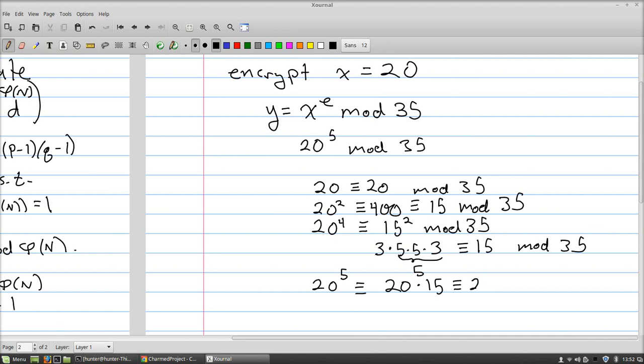This is 2 times 2 times 5 times 3 times 5, so this is 75 again, which is just 5. So this is congruent to 50. Or am I crazy? No, this is 4 times 5, so this is 20. Sorry.